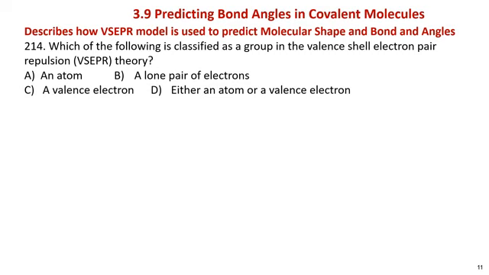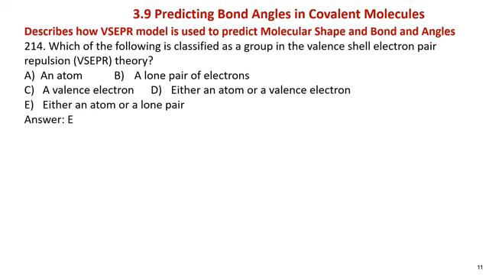A valence electron, we don't talk about valence electrons individually. One of the groups is lone pairs. I didn't see the option 'either an atom or lone pair'. We look at the atoms also. I didn't understand the question.